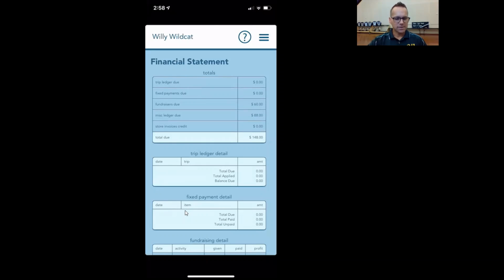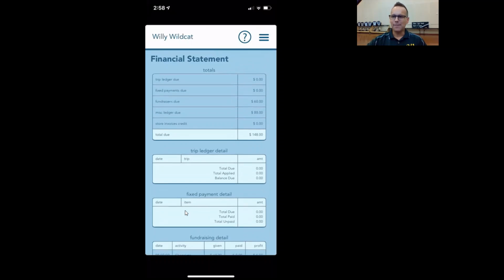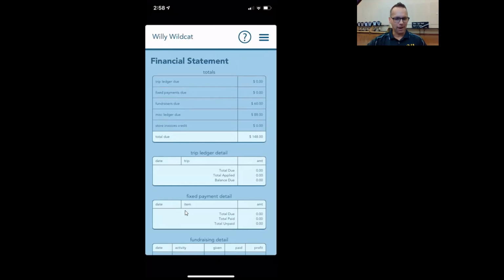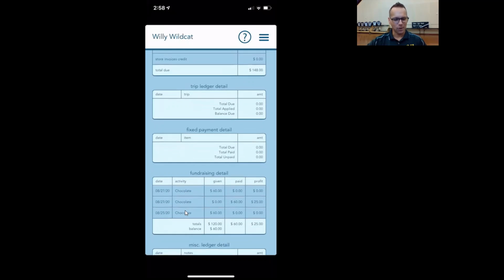This is still the same stuff for Willie the Wildcat. He has $60 in fundraisers due. His miscellaneous ledger due is $88, and his total due would be $148. But that's a little bit misleading, so we'll get to that. And I made my math error, of course, in the previous video, and I will fix that later, hopefully.